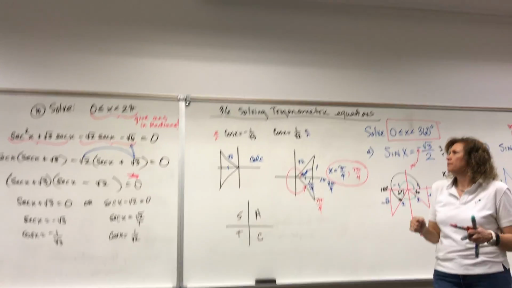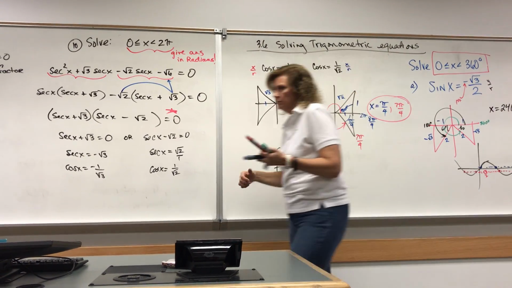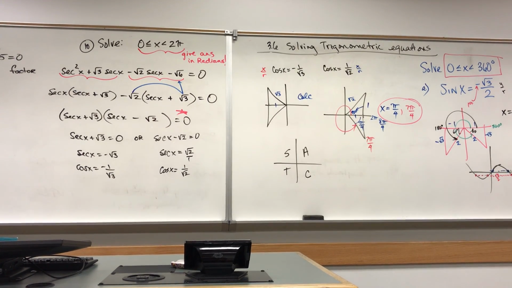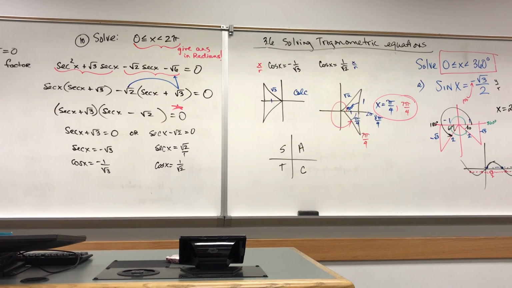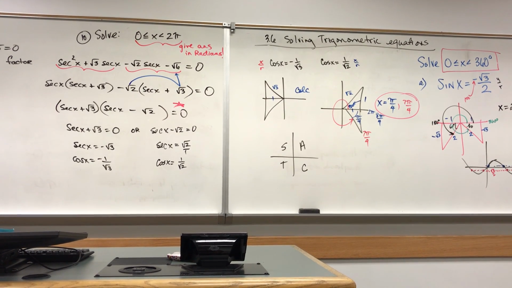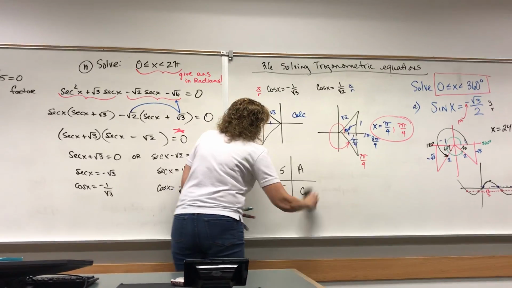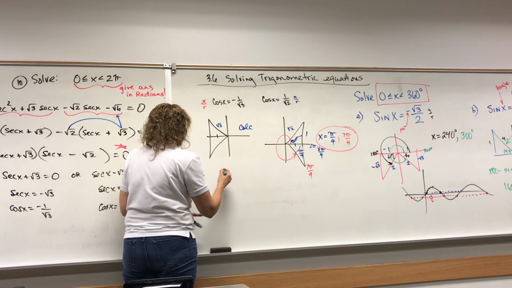All right, so what are we going to do on our calculator? Inverse cosine of negative 1 divided by root 3. We're going to have lots of parentheses going on here. Make sure you do not take the cosine of it. So we need the inverse cosine of negative 1 over root 3.